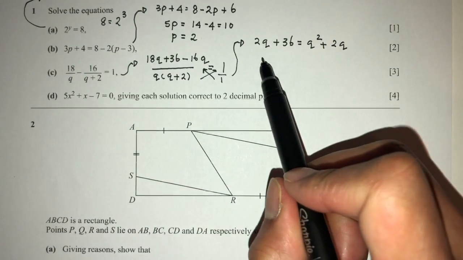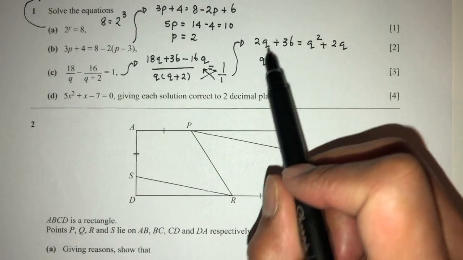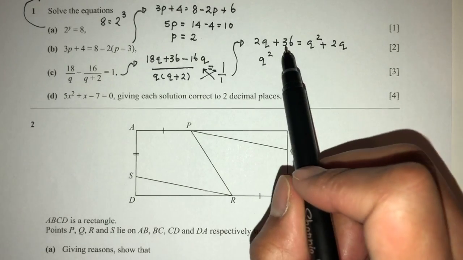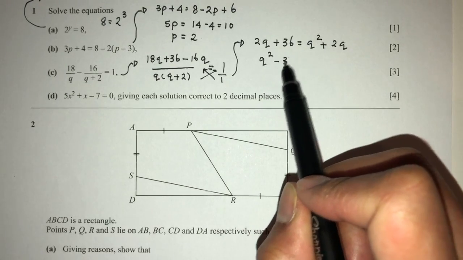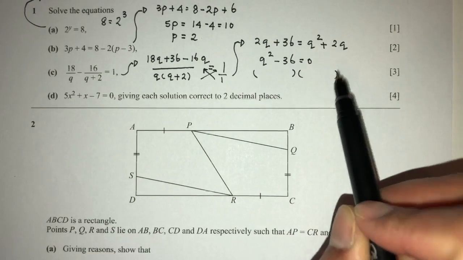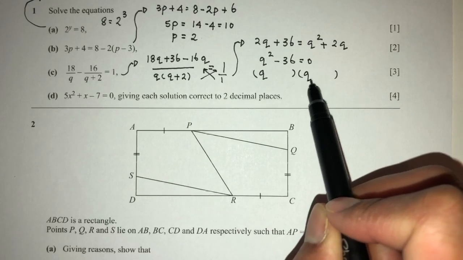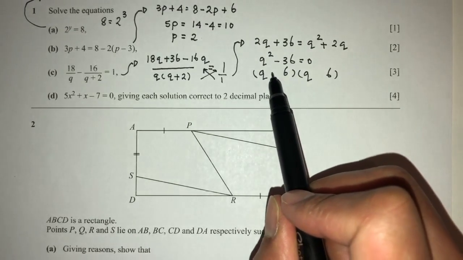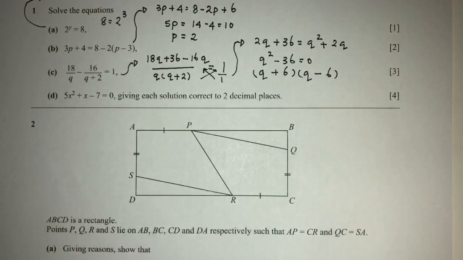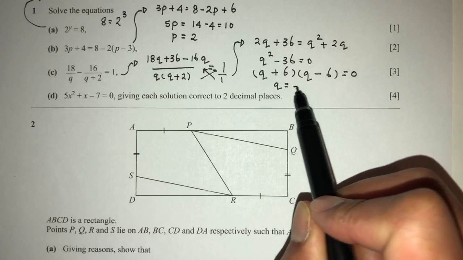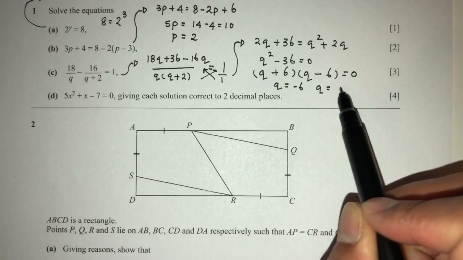Now we have to rearrange, so q squared, we have to send this over here, so 2q minus 2q, that will be 0, then minus 36, that will be 0. So we can just factorize now, so q plus and minus 6, equal to 0. So q will be minus 6, and q will be 6.